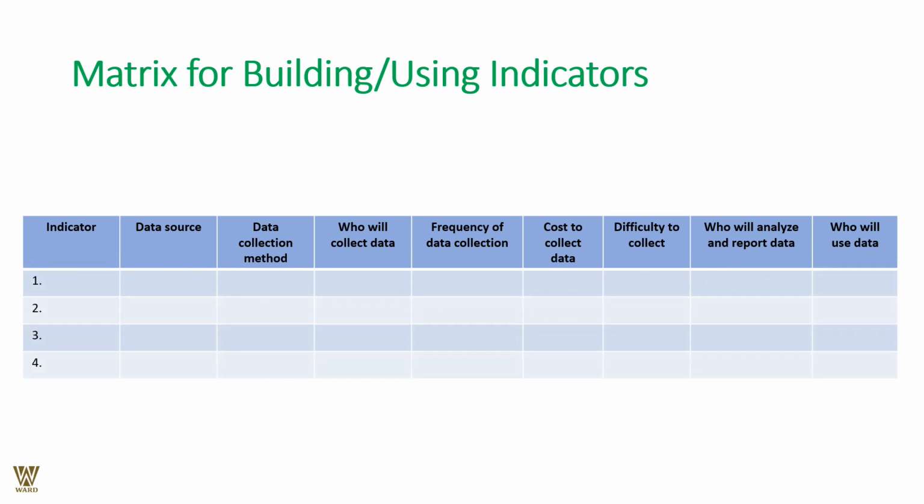I am just giving a glimpse. What you're seeing on your screen is the matrix of building and using indicators. Now, if you look into it, what are we looking out here? We have indicators that we decide upon, and depending upon the project, the indicators would be changing around. And the data sources, are we capturing it in the data sources, the collection method, thereby who is responsible, the frequency of the data, the cost that is involved in collecting the data, is there any difficulties, and who will study.